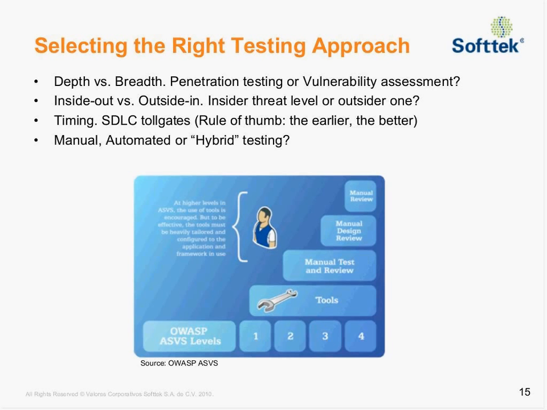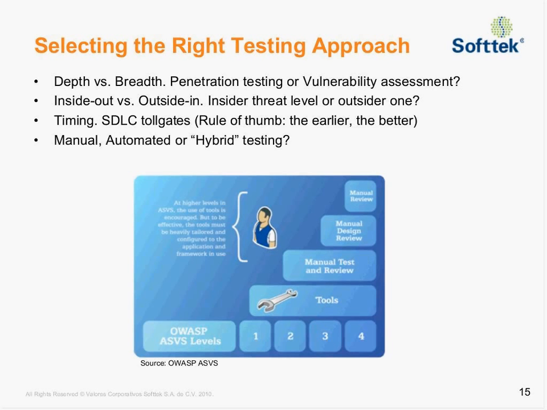Because we have different approaches, like depth versus breadth, that is penetration testing versus vulnerability assessment, inside out or outside in, depending on the point of view you want to check the information, and the timing. The earlier the better. Or it should be one of these, like I mentioned: manual, automated, or hybrid. So what should I do?